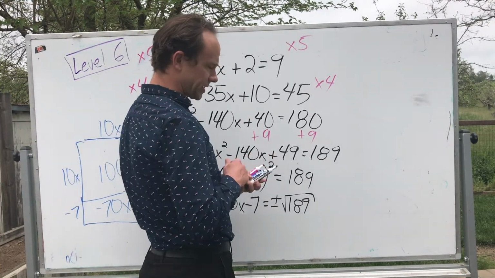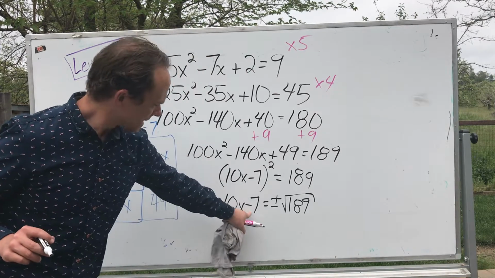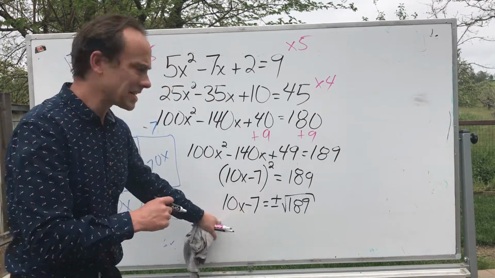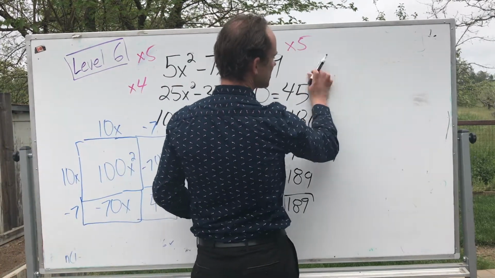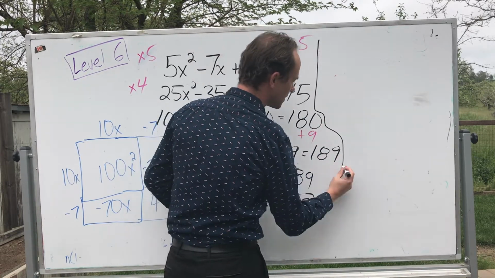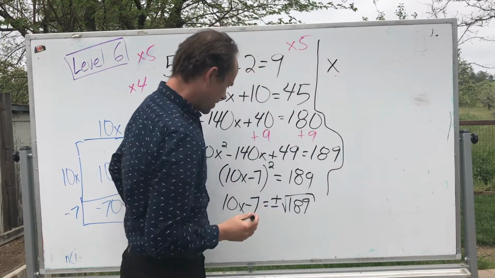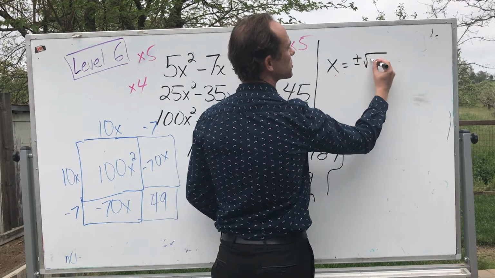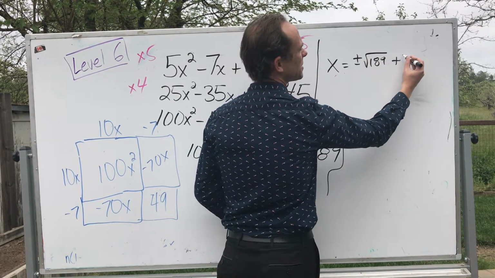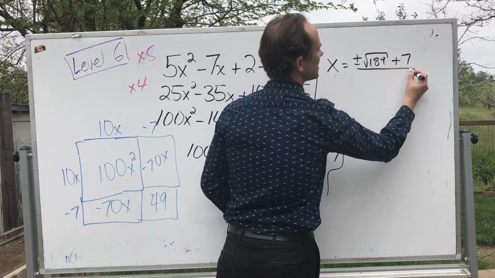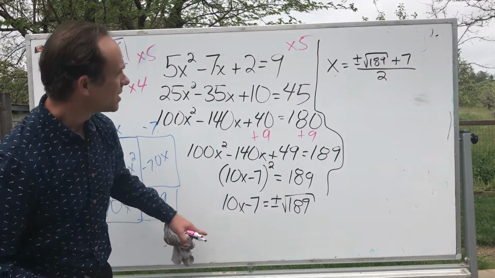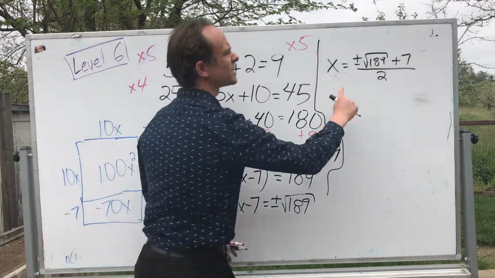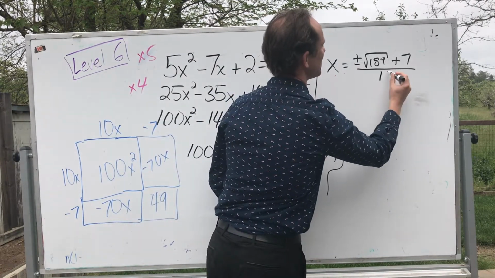So let's add 7 and then divide by 10. So we'll add 7. So we'll go plus or minus the square root of 189 plus 7, divided by 10. I don't know why I started saying 2. Divided by 10.